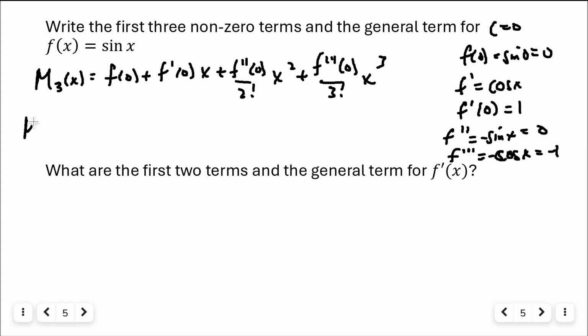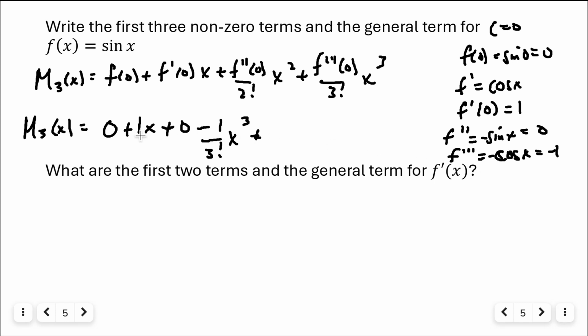All right, so let's write the Maclaurin polynomial, and then we'll determine what the general term is. So we have 0 for f of 0. f prime of 0 is 1x. f double prime of 0 is 0, so this is going to be a 0 again. Then this one's going to be minus 1 over 3 factorial x cubed plus now. So that would be the first three non-zero terms.